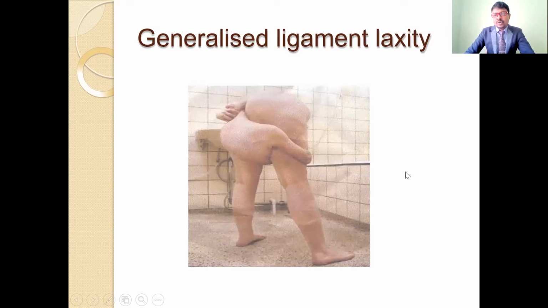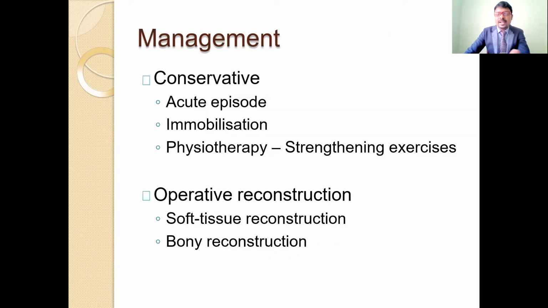Those people have more chance to get recurrent dislocations. So we have to find these with special tests and investigation procedures, and also ligament laxity tests. If we identify these, we can prevent recurrent dislocations.